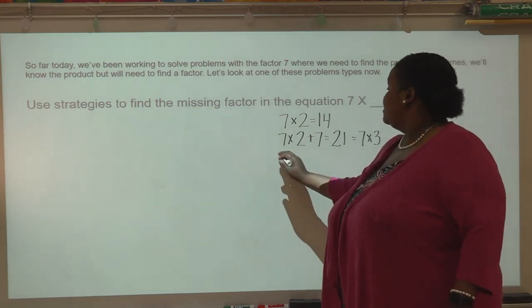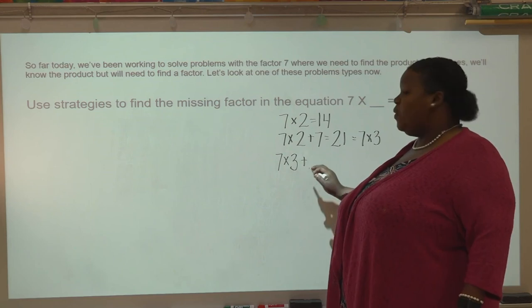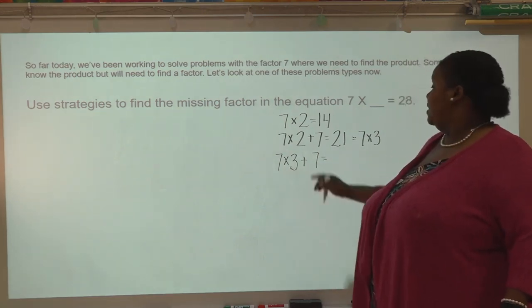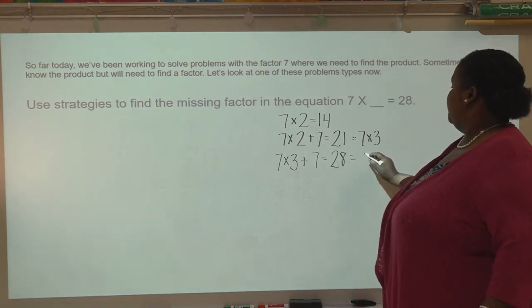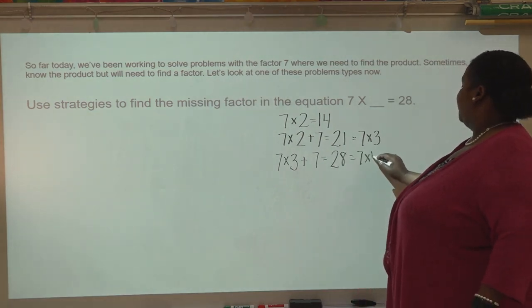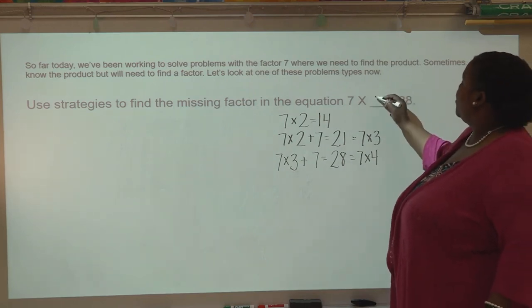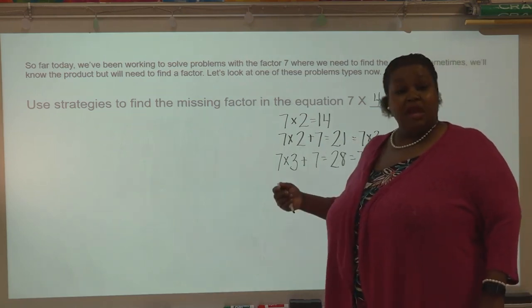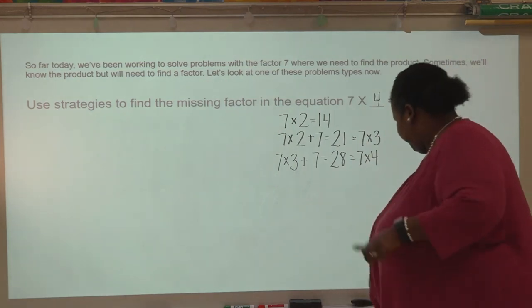So let's do 7 times 3 plus 7 more. 7 times 3 is 21 plus 7 more is 28. And that was the same as 7 times 4. So 7 times 4 equals 28. I used a known fact and moved up, added on to it.